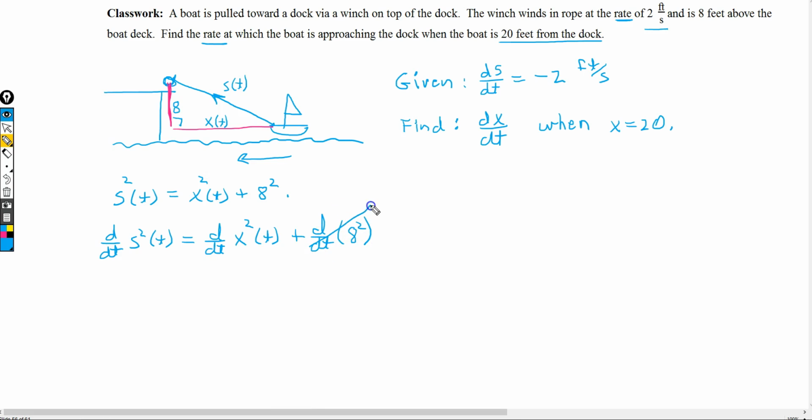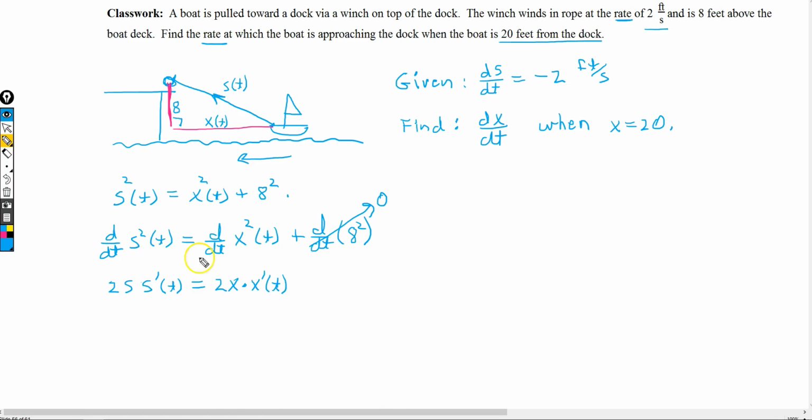This term, of course, is just 0. And when we differentiate this, we're going to get 2s s prime, remembering that s prime is s prime of t, equals 2x x prime, and that is x prime of t as well.